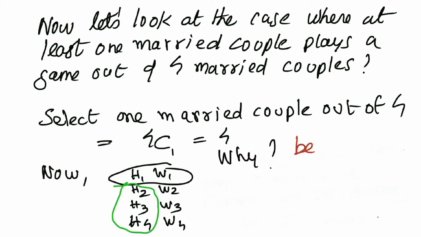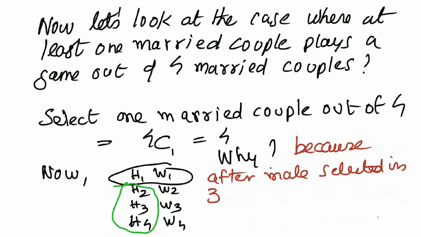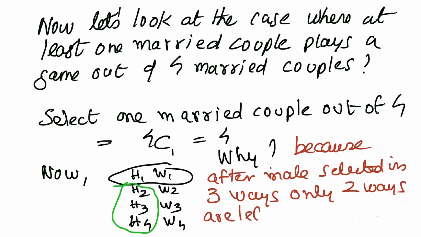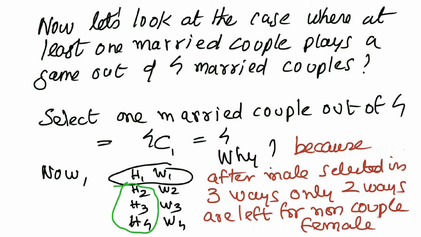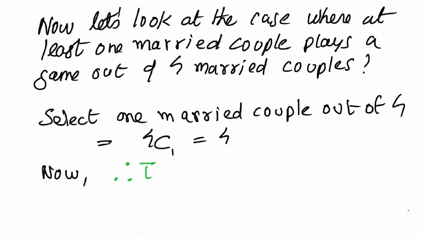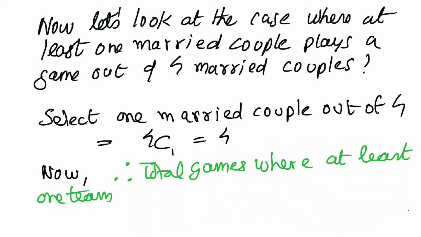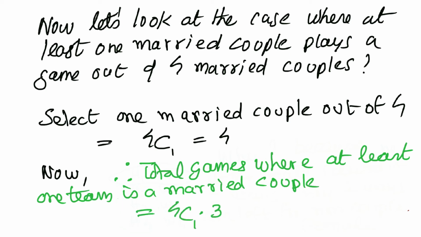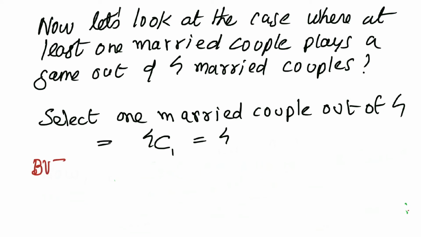Because after a male is selected in 3 ways, only 2 ways are left to select a female, who is a non-married player. So the total would be 4 times 3 times 2. So the total games where exactly one team is a married couple would be 24.